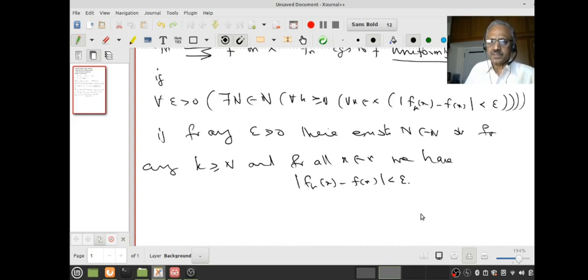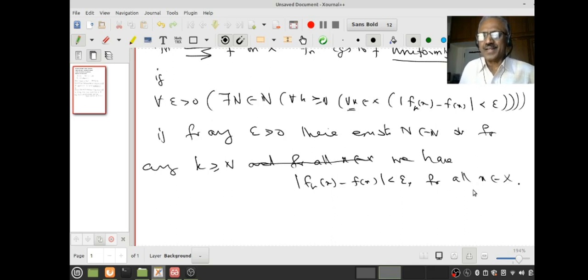I'm writing this in this order, but usually in textbooks they will write it like this: for every k, and then they will write for all x in capital X at the end. They will split this particular universal quantifier. But it's always nice to write all the quantifiers in the beginning of the sentence in the proper order. That's what we have done.